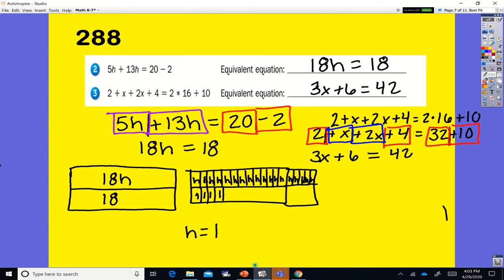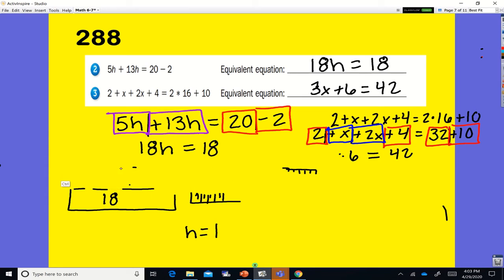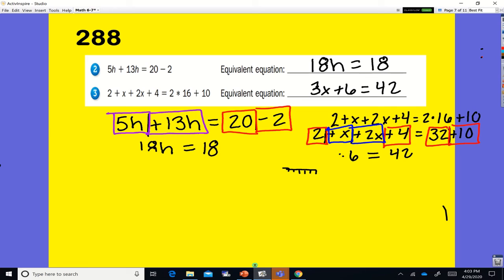Second thing, let's do the second one here. Now I'm going to erase this so we can see it better. So we have our 3x plus 6 equals 42.